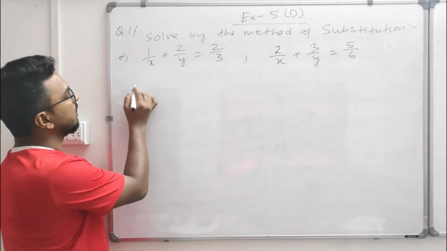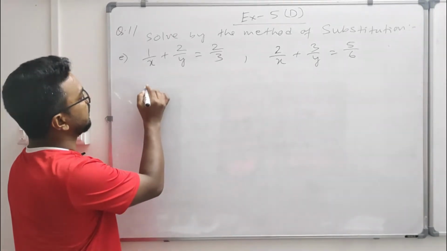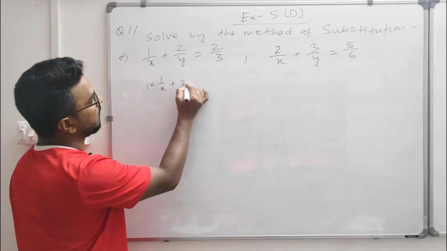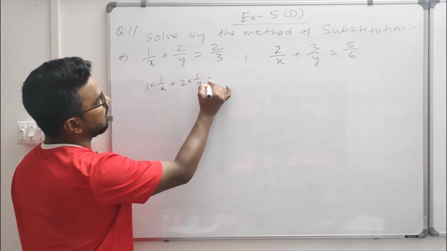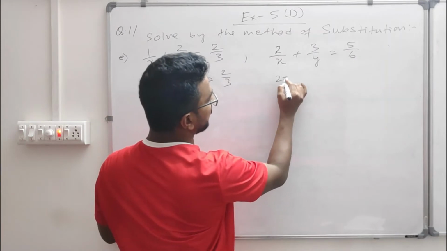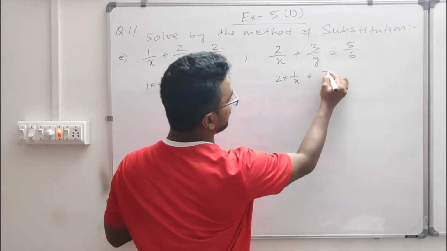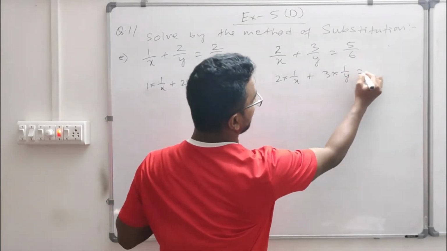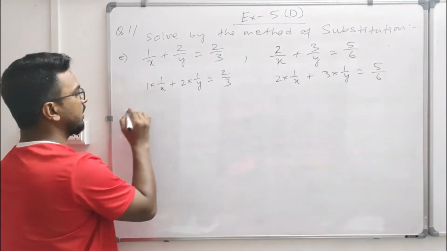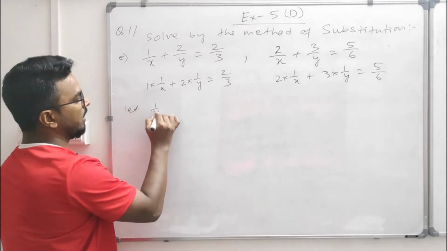So what we will do, we will convert it into a different form. You can write this one as 1 into 1 by x, and this one you can write 2 into 1 by y equals 2 by 3. And this one you can write 2 into 1 by x plus 3 into 1 by y equals 5 by 6. Now let 1 by x equal u.